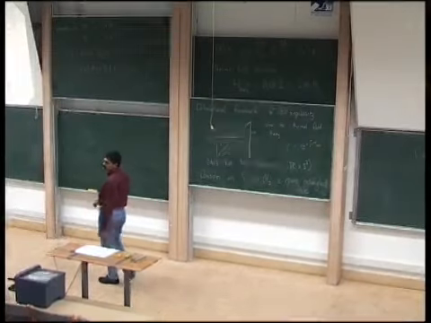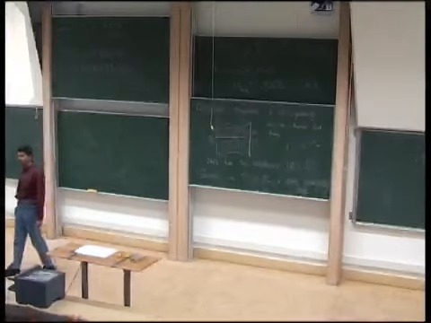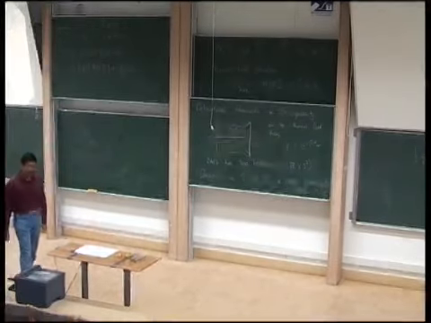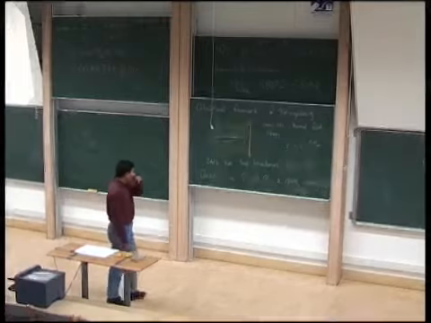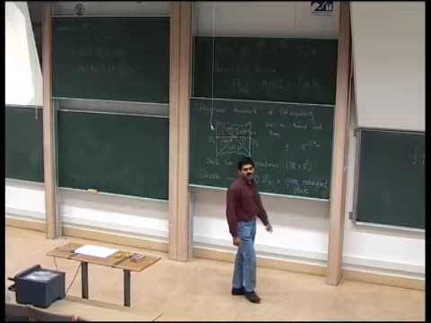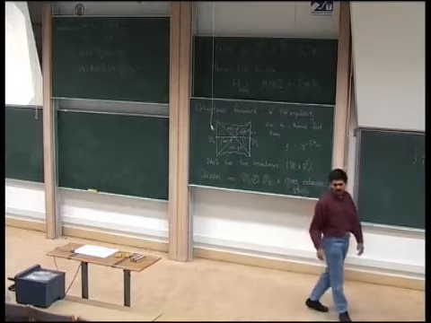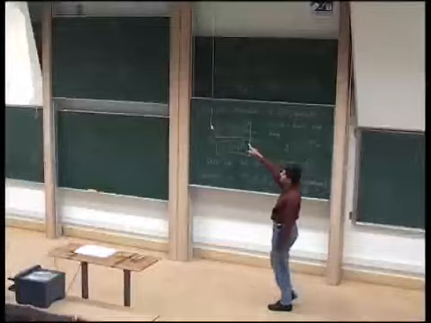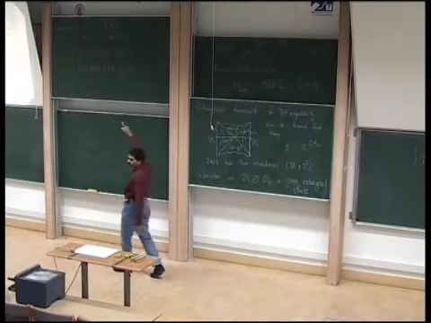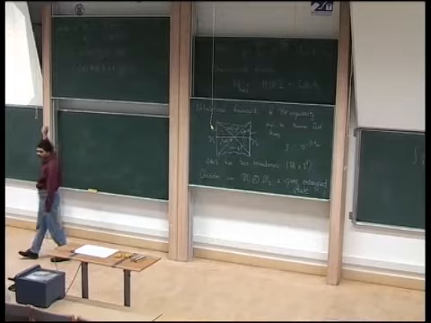All we need to do is evaluate this correlation function. Nothing I said so far depended on what operators I took. This statement is true for any operator I would pick in the field theory.